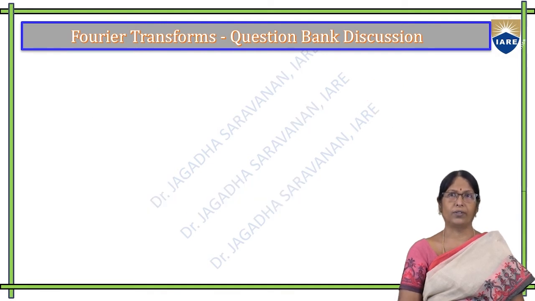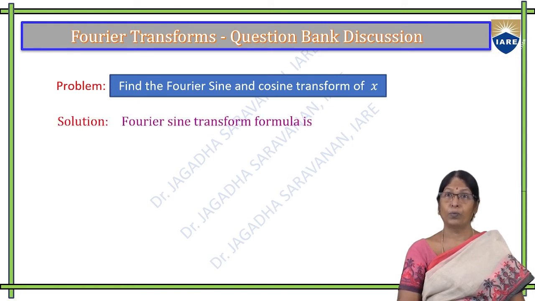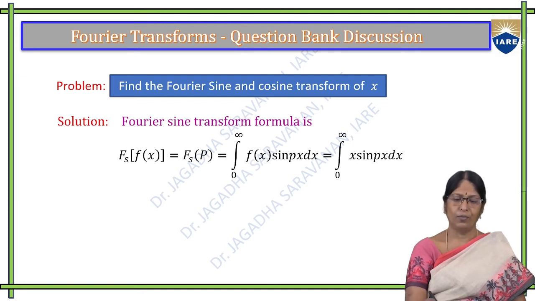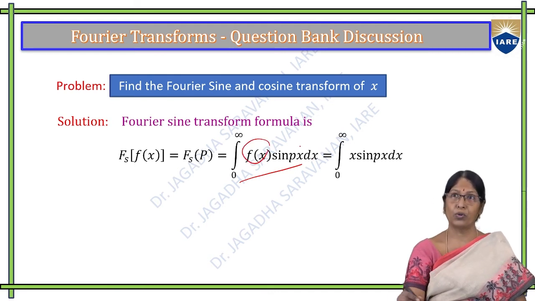So the next problem which is dominating in our question bank is: find the Fourier sine and cosine transform of x. So we are recalling our Fourier sine transform formula, and we understood our f of x should be replaced by our function.